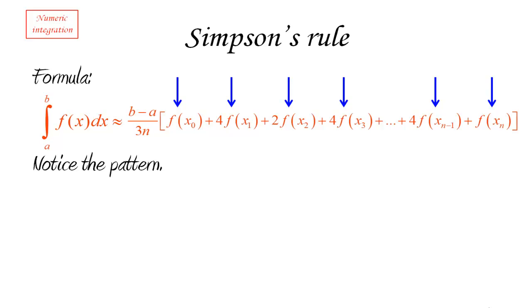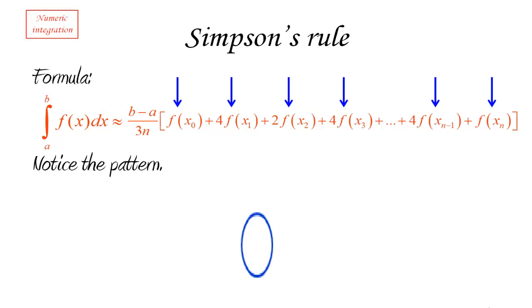So the formula tells us to compute the value of the function at all those dividing points of the slice, and then multiply them by coefficients according to the pattern 1, then 4, 2, 4, 2, 4, 2, as many times as you have slices, and then 4 as the second last one, and then once again 1 for the last one. Now remember, n is supposed to be an even number, so n minus 1 is going to be an odd number, and that's why the second last one is always going to be multiplied by 4.